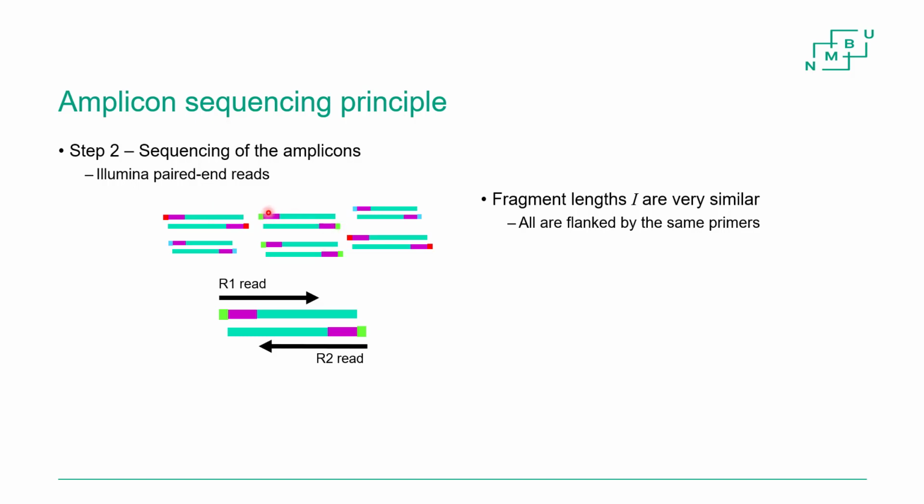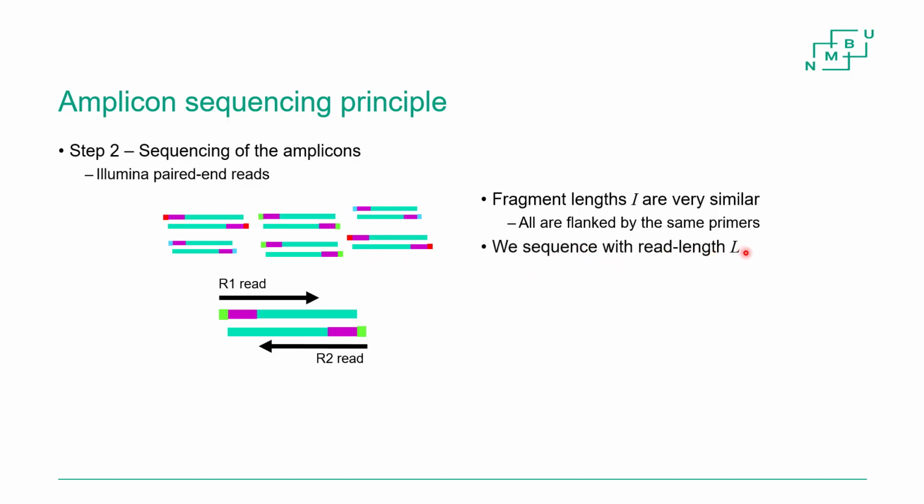And since these primers match more or less at the same part of the 16S gene each time, the fragments come out almost the same length as well. It doesn't vary very much. It's not 100% identical because, of course, the 16S sequences are a little bit different from one organism to another, but they are pretty similar in length.